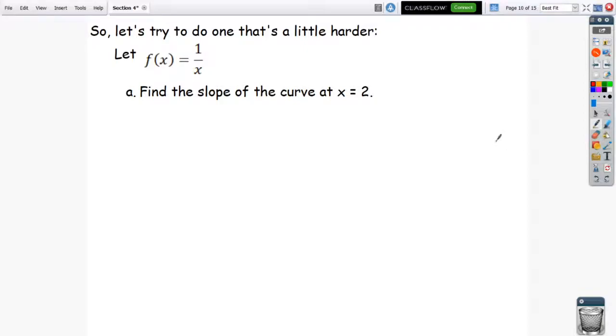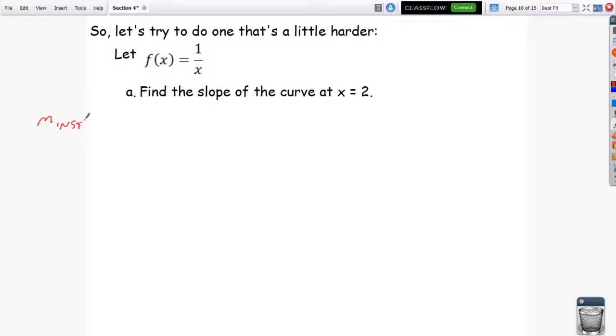So I'm going to use that formula to find the slope of this curve at x equals 2. What I'm doing here is m instantaneous is equal to, and I'm just copying this formula directly out of my book, the limit as h approaches 0 of f of a plus h, but in this case, I know that the value I'm trying to find it at is 2.